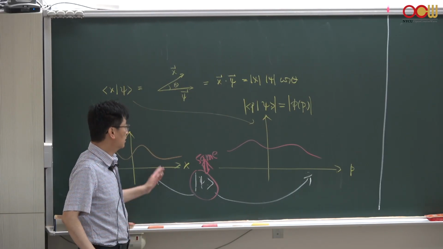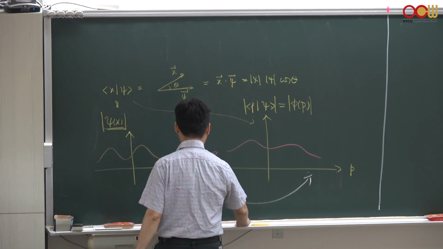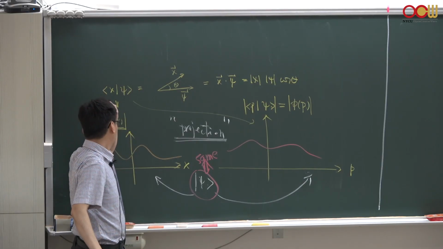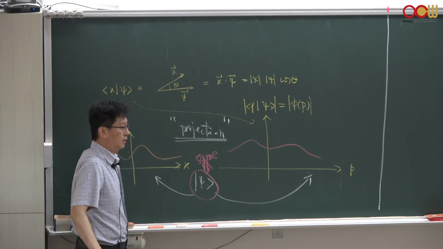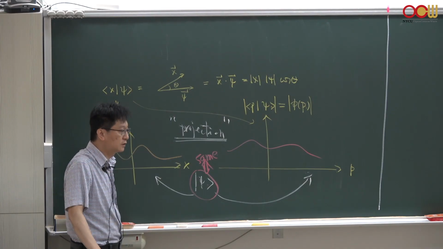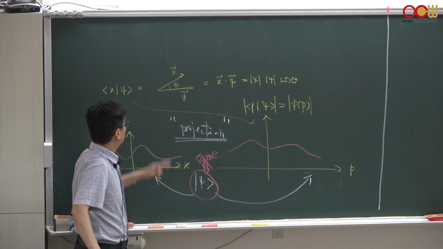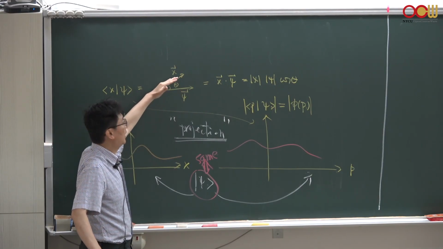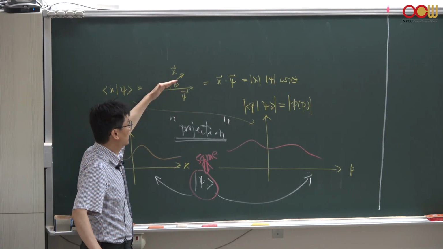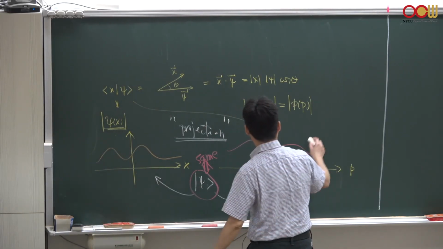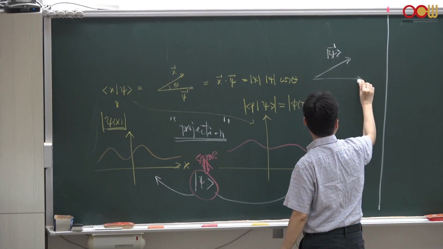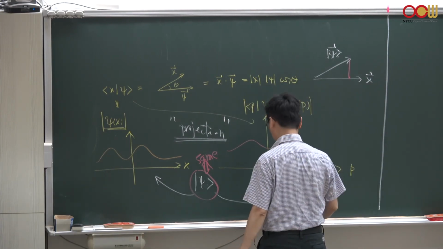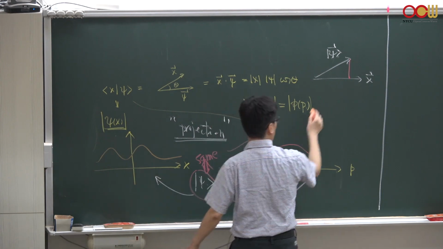This is the concept I call projection, and it is analogous to the inner product between two vectors in vector analysis: if you project this vector psi onto the x vector, you get the projection of that vector on the x axis. This is what I mean by projection.